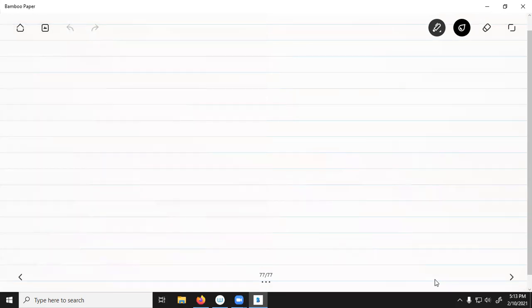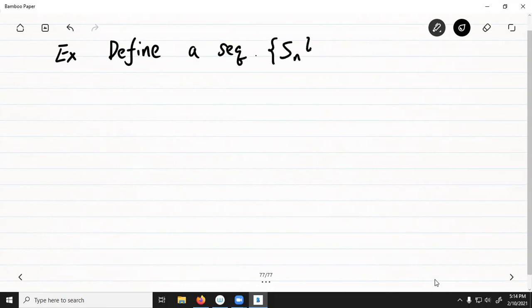Let's look at another example. Now let's define a new sequence. We denote the sequence by S of n in the following way.